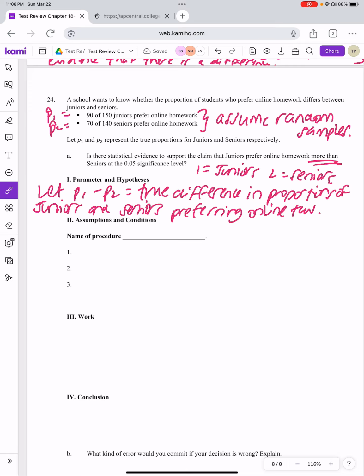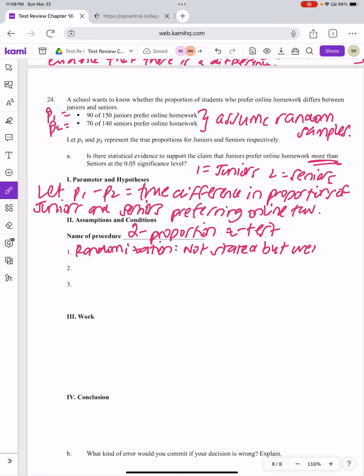The name of the procedure is a two-proportion t-test. The first condition is randomization. Randomization, not stated, but we'll assume they're random.